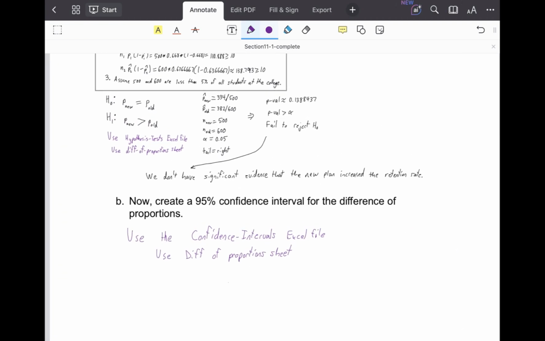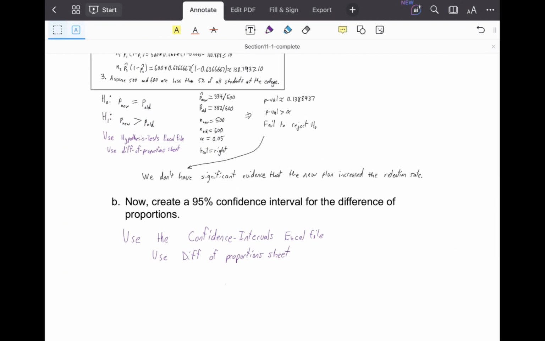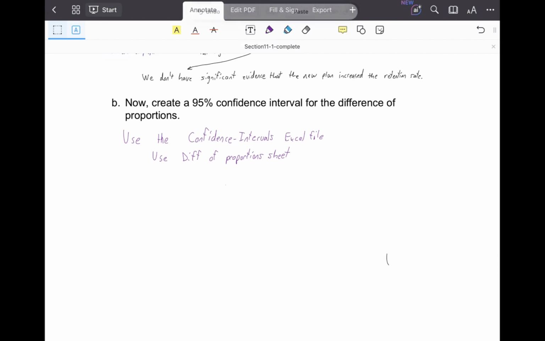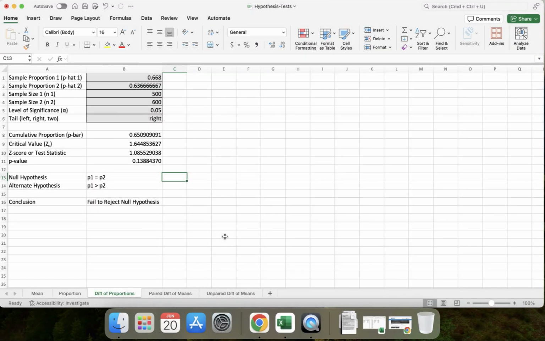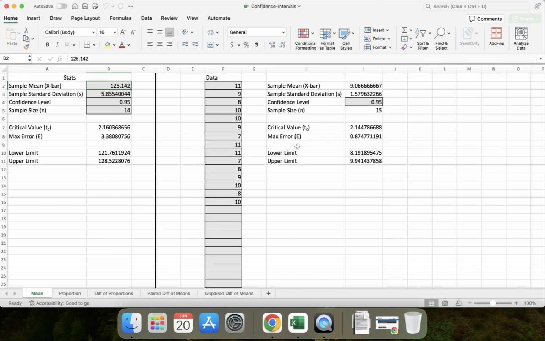And it's set up in a similar way, so you're actually plugging in these same 4 things, and then the only other thing we need to plug in is the confidence level. But let me show you that.